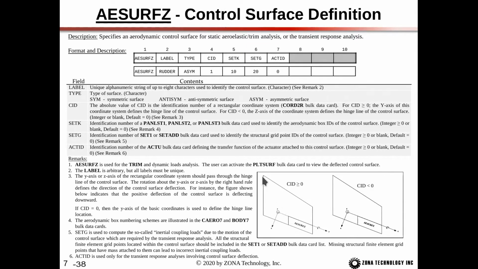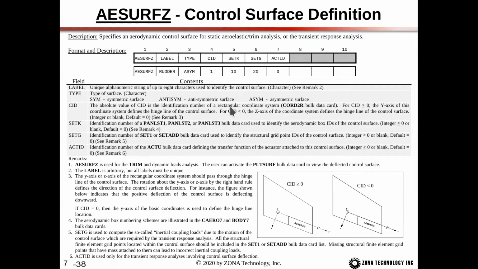So in this case, this is our CAERO7, and then we want to refer just to these boxes which define the aerodynamic boxes of the control surface. And then the set G field refers to the SET1 and/or SETADD bulk data cards, which list the structural grid point IDs of the control surface. And then ACT ID, actuator ID, refers to the ACTU bulk data card, which defines the transfer function of the actuator attached to this control surface.